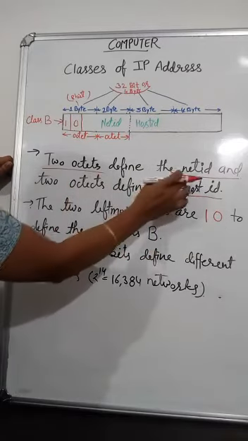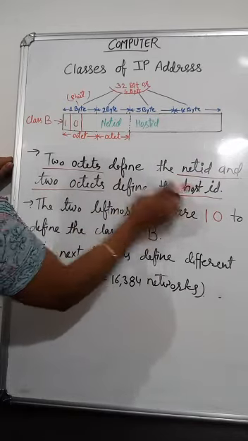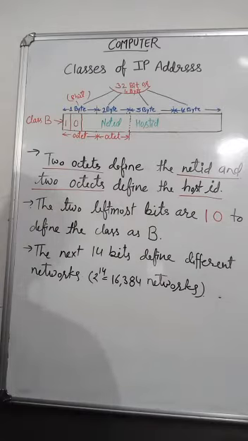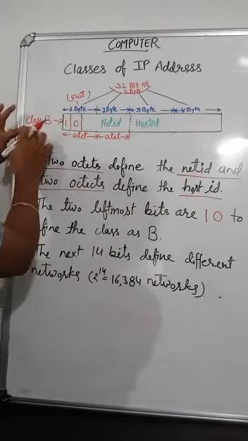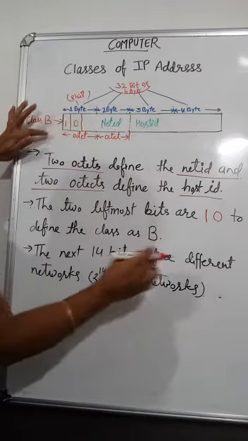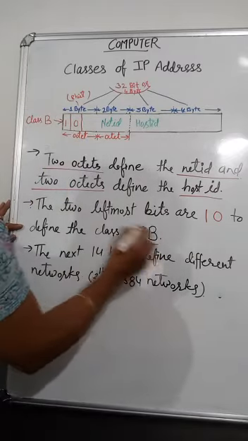Octet 1 means 1 byte, and this is the second byte. Two octets for the net ID and two octets for the host ID. The two leftmost bits are 1, 0 to define class B.